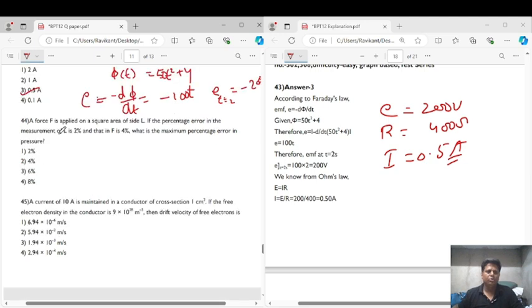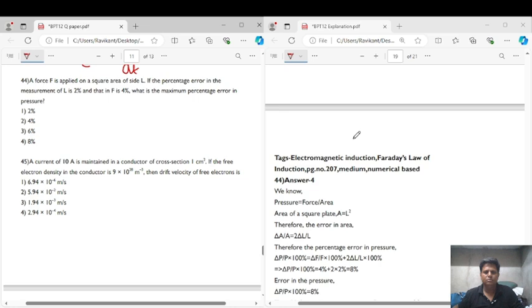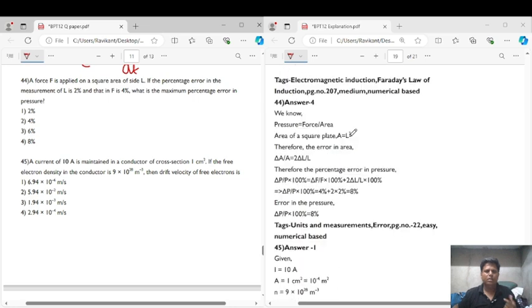Now let's get into question number 44. A force F is applied on a square area of side L. The percentage error in the measurement of L is 2% and that in F is 4%. Now what is the maximum percentage error in the pressure? So pressure is equals to force upon area.